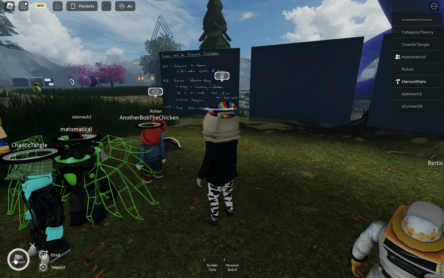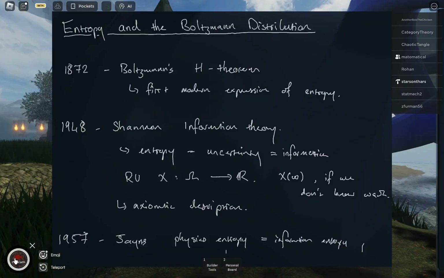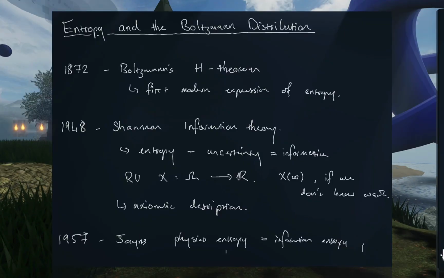This is not an entirely mathematical argument, I would say. It's more of a philosophical argument about the point of view you should take on entropy in statistical mechanics.